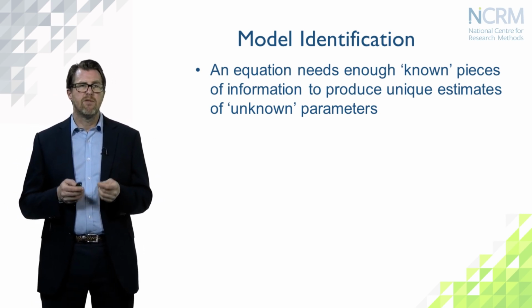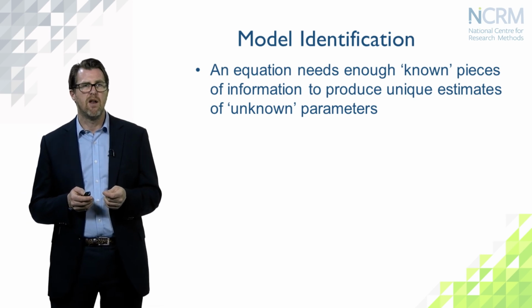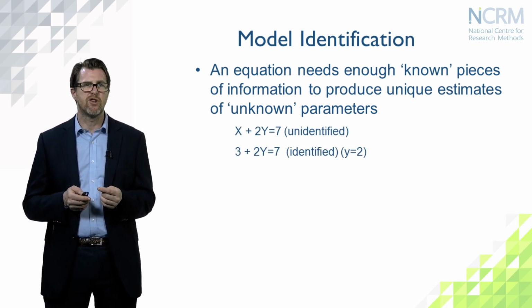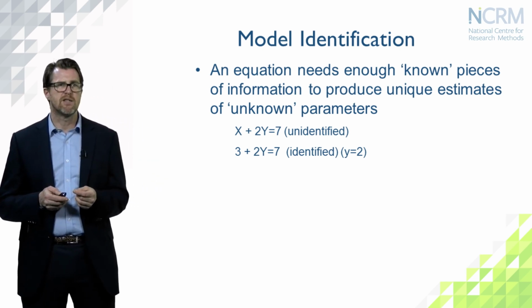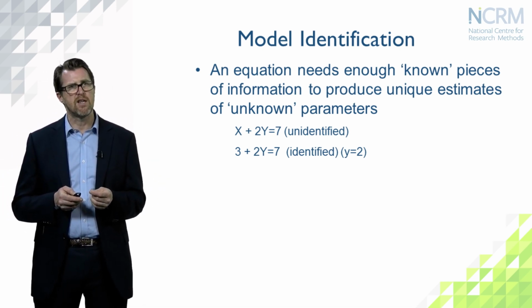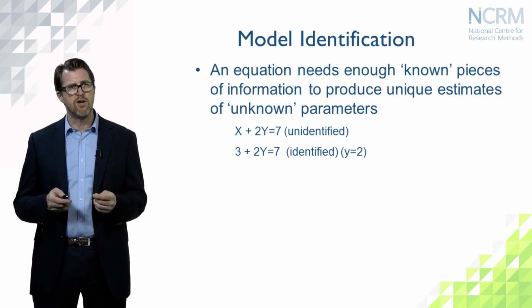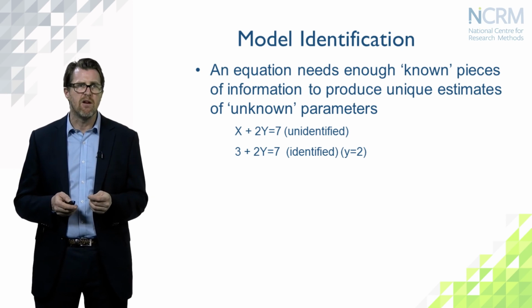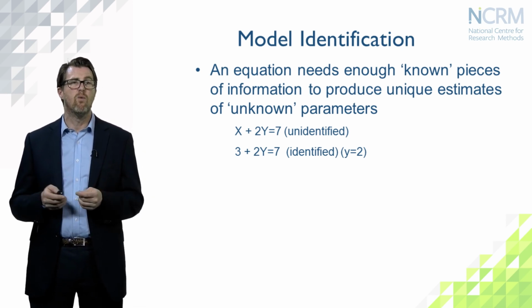So to give an example of what we mean here by the balance between known and unknown pieces of information, if we look at these two equations, the first of these is unidentified. We have x plus 2y equals 7. So what we would want to do is to find the unique value that satisfies that equation for y.